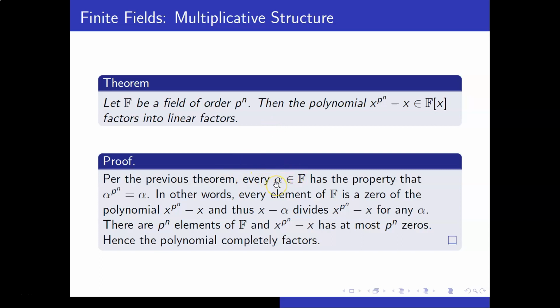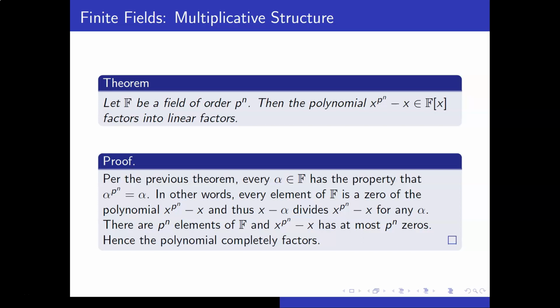In the previous theorem, we showed that any alpha has the property that alpha to the p to the n is equal to alpha. In other words, it's going to be a 0 of this polynomial, and so x minus alpha divides it for any alpha. I can do that for any of the p to the n elements of F.